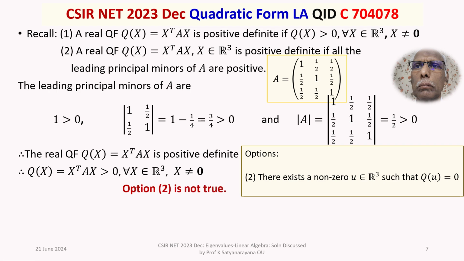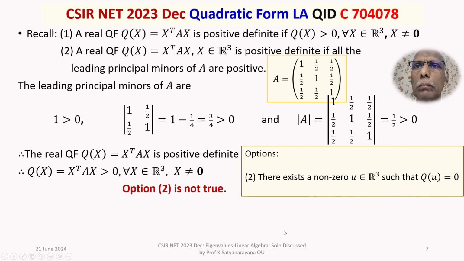Right. Option 1, that means for all X belongs to Q cube, is it going to be true? No. Now let us see. Suppose you take an X belongs to Q cube. X belongs to Q cube implies X belongs to R cube, because every 3 tuple of Q cube is also an element of R cube. And when it belongs to R cube, Q of U equal to 0 does not happen.